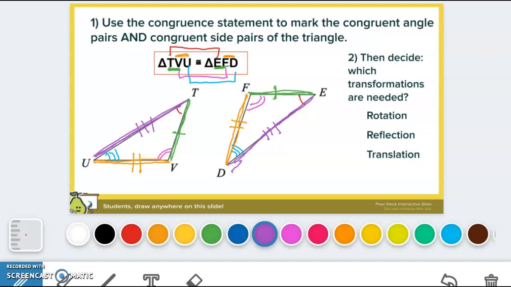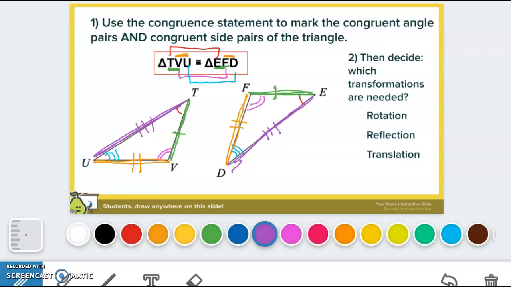Okay, then we are supposed to decide which transformation is needed to map the left triangle onto the right triangle, triangle TBU to triangle EFD. If I started rotating this, would that work?